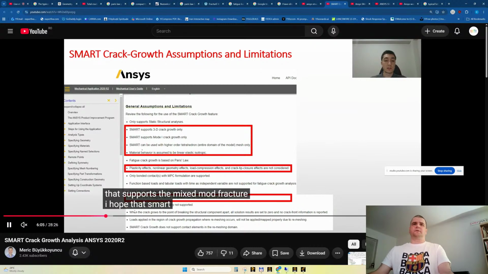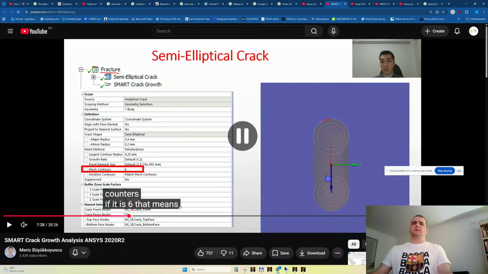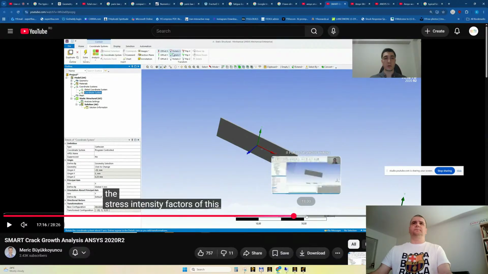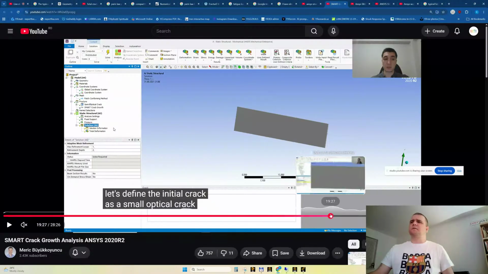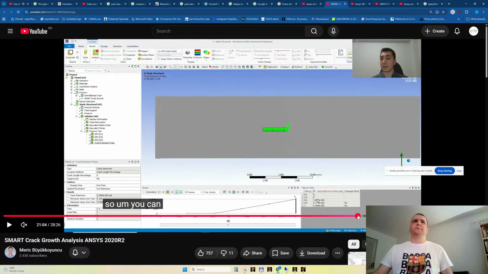He's going through the help, yes. Semi-elliptical, we do not care. We care about the smart. There is no smart crack growth. What? No smart crack growth? Maybe here.